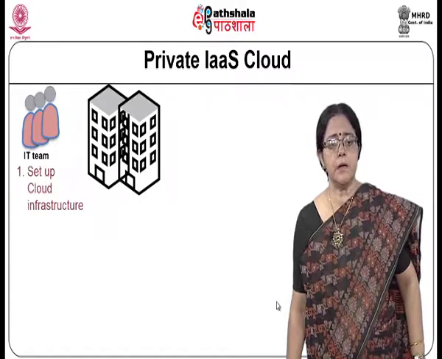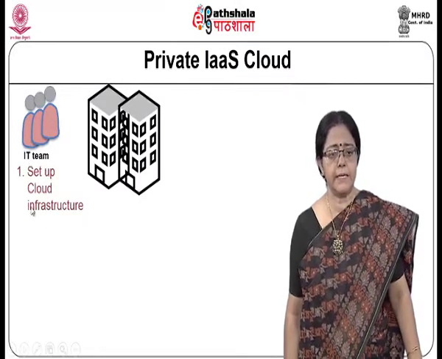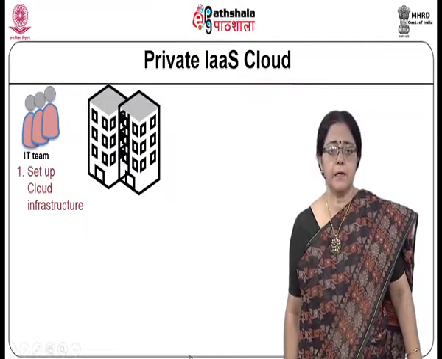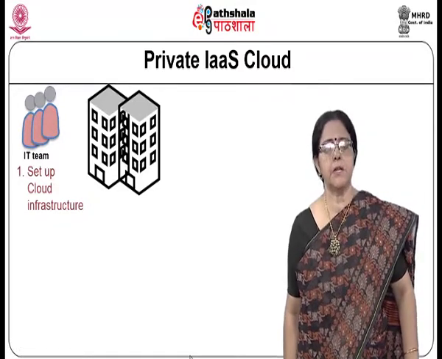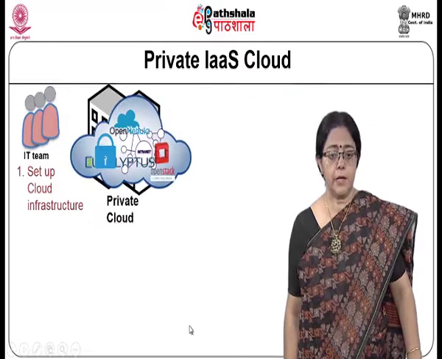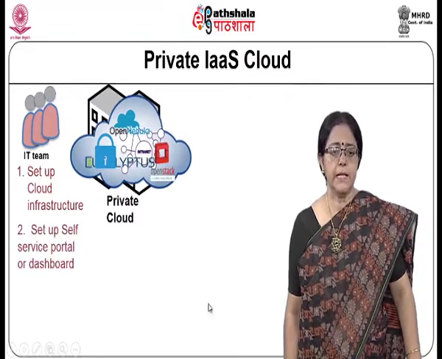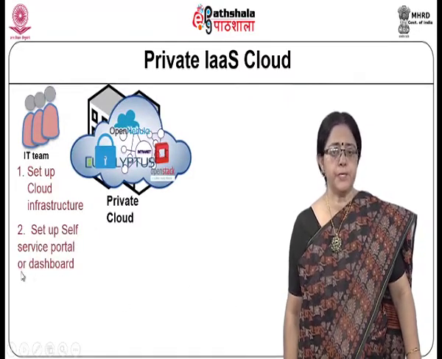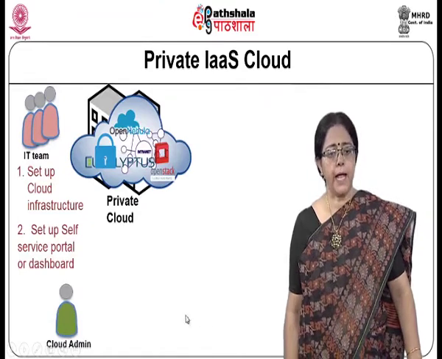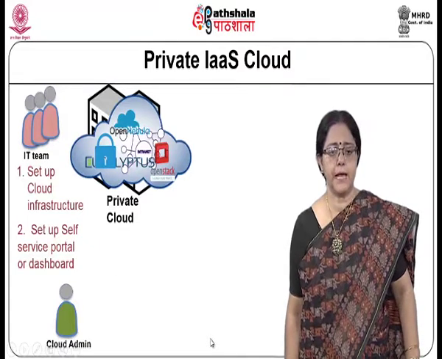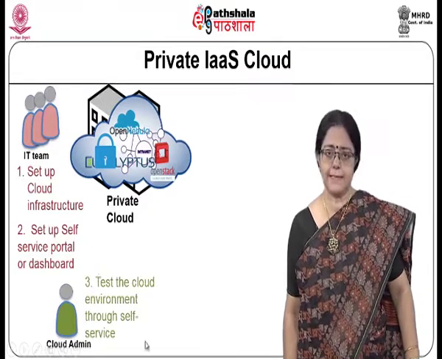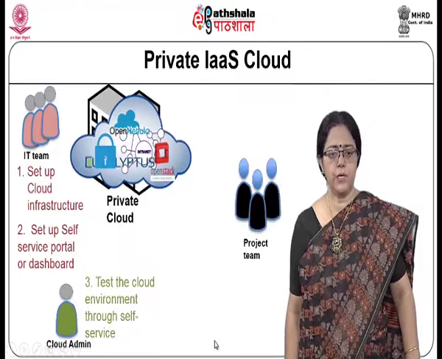So, this is the setup where this IT team first sets up a cloud infrastructure. They consolidate all the infrastructure available and create a private cloud out of it. Then they set up a self-service portal or a dashboard, and somebody has to be defined as a cloud admin, and this admin will test the environment through self-service.